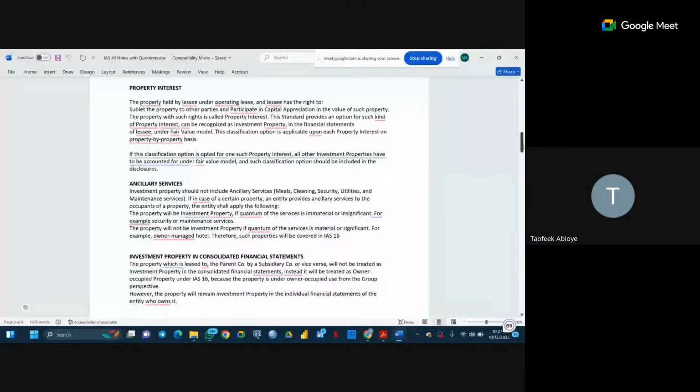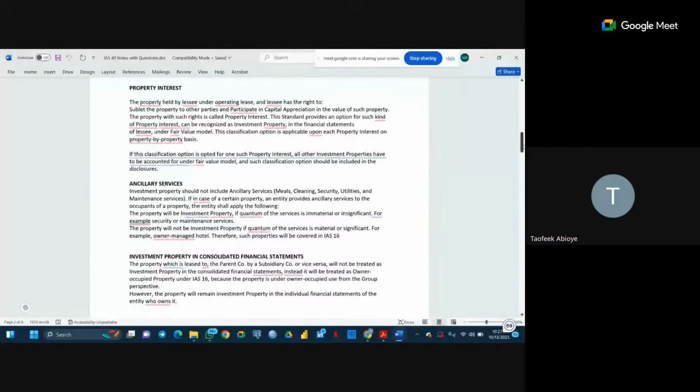We have given the definition of IAS 40 to be property, land or building, or land and building that is held for capital appreciation. A hotel is also a building, and the owner can claim that it's being held for capital appreciation. But the reason why a hotel cannot be an investment property is because of the auxiliary services we are talking about here, which is what they do majorly: meal, cleaning, security, utility, maintenance service.